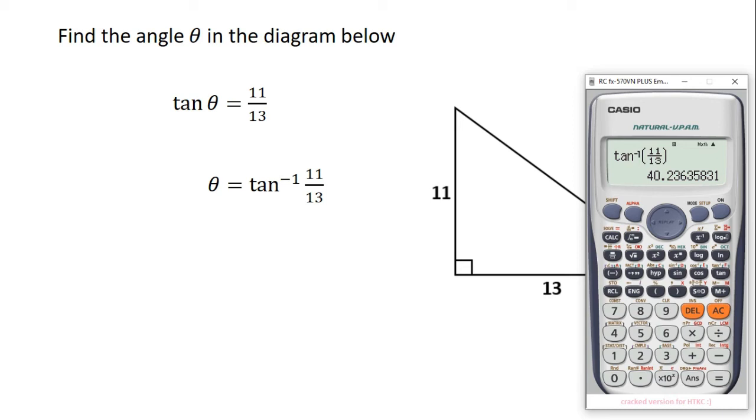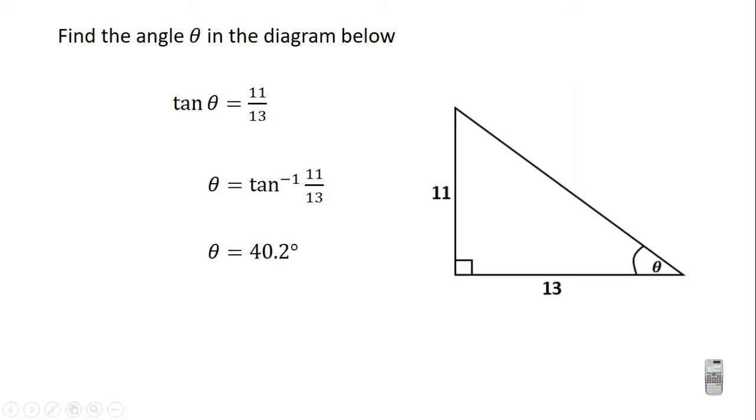So if you are rounding this to one decimal place, we have theta equal to 40.2 degrees. So you see that with these trig ratios, we have been able to find the interior angles of a right angled triangle. So the acute angles in the right angled triangle, we can use these trig ratios to find them.